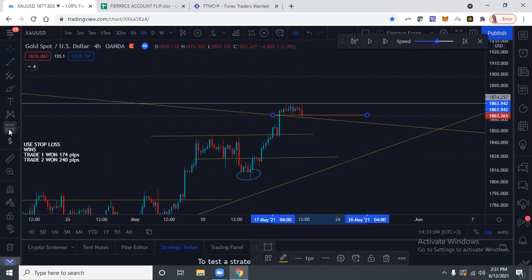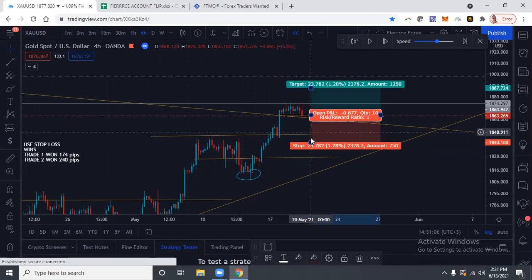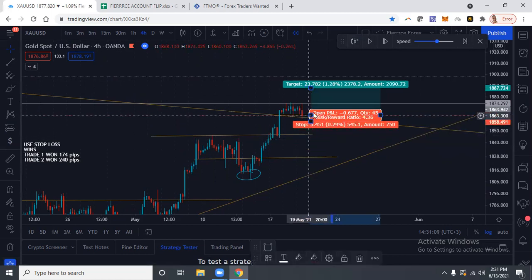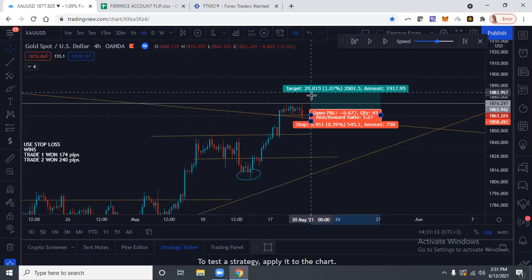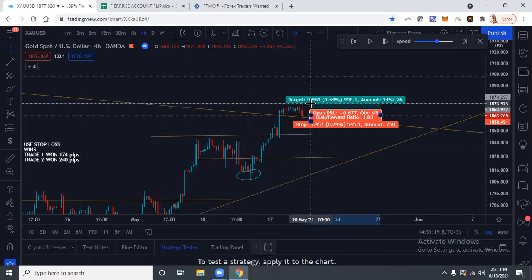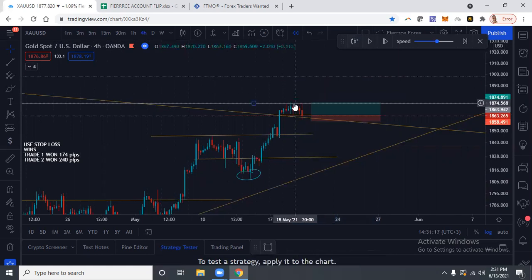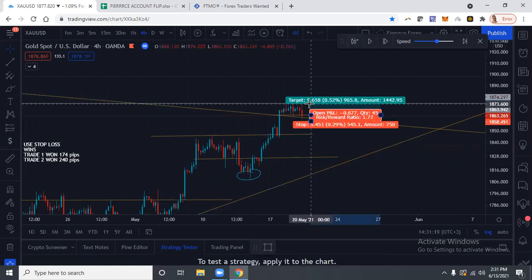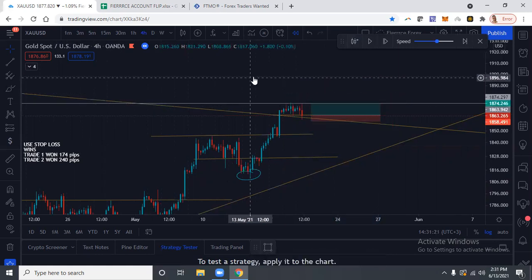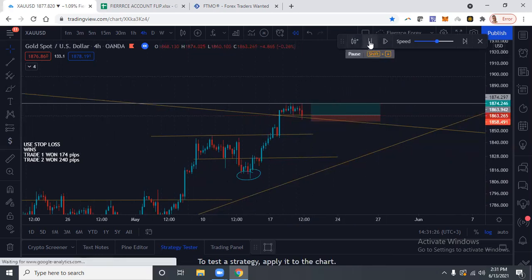So if it pushes up, I'll take a buy. I'll put my stop loss below. So I'm waiting for this candle to close. It was about 106 points thereabouts, 103 points.